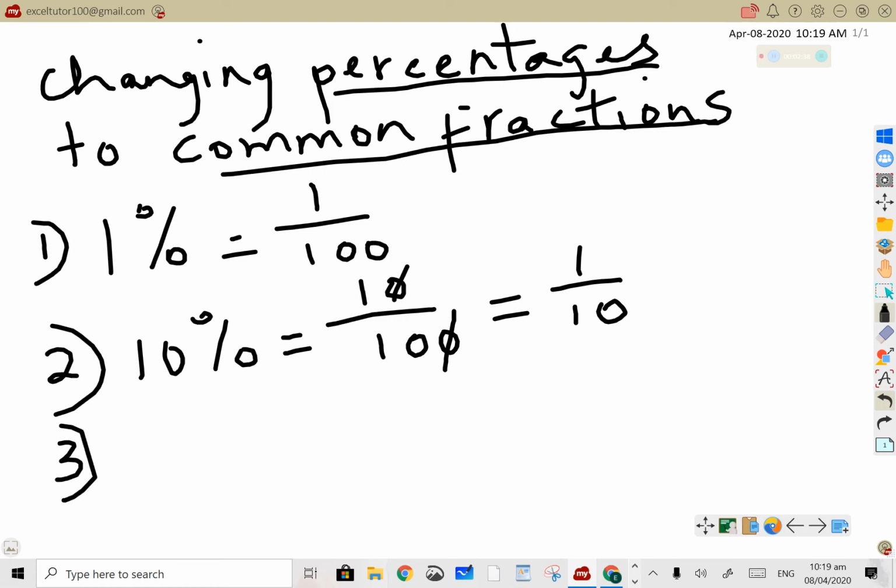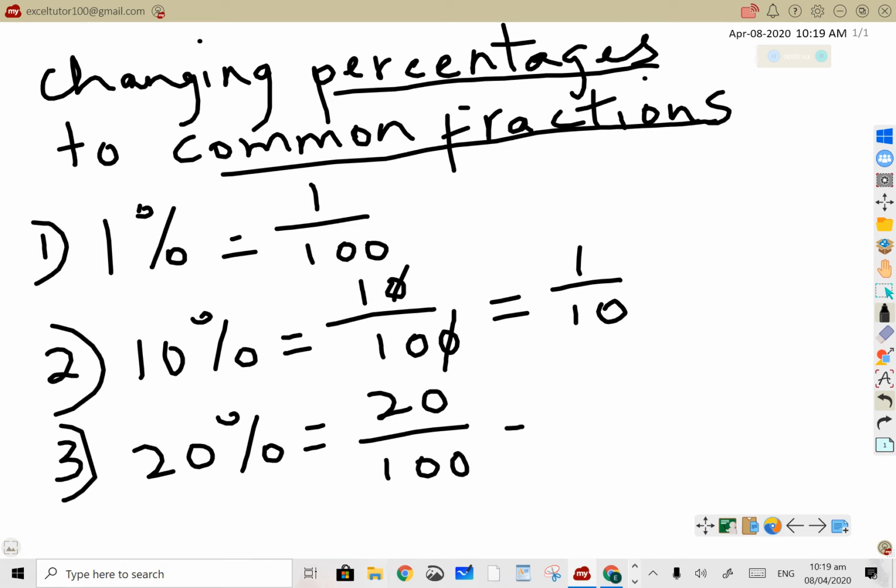Our third example, we have 20%. 20 over 100. We can use the zeros as well as what we learn in fractions. 2 into 2, 1. 2 into 10 is 5. So you're making this 20% is the same as 1/5.